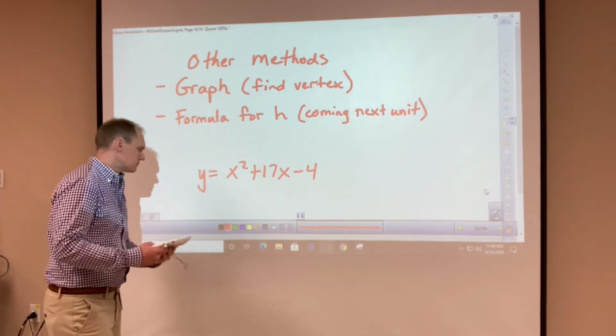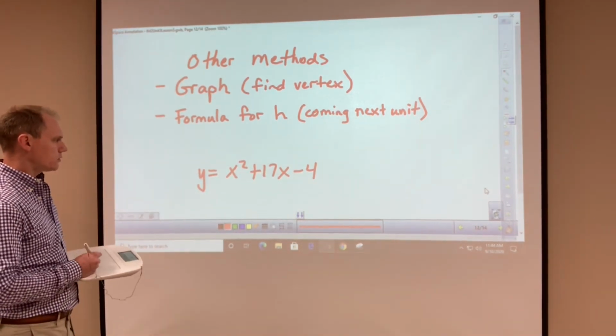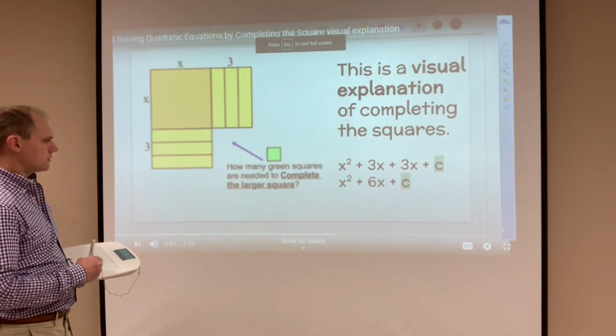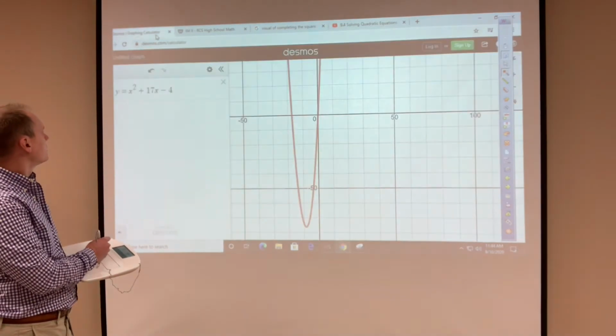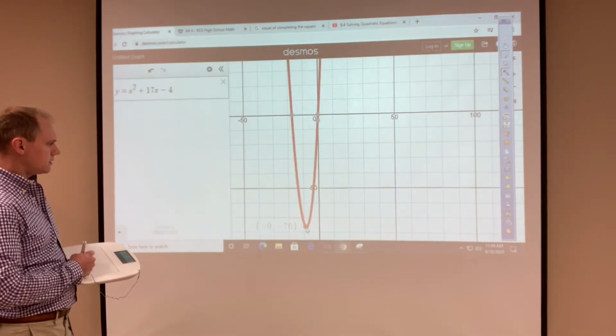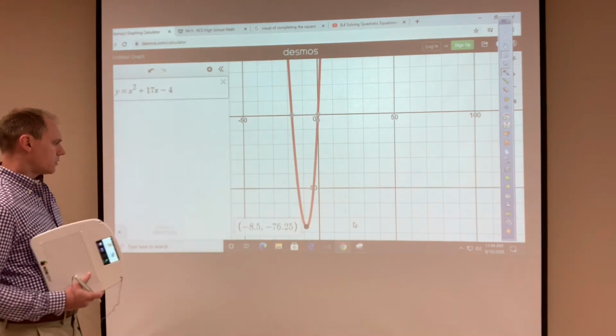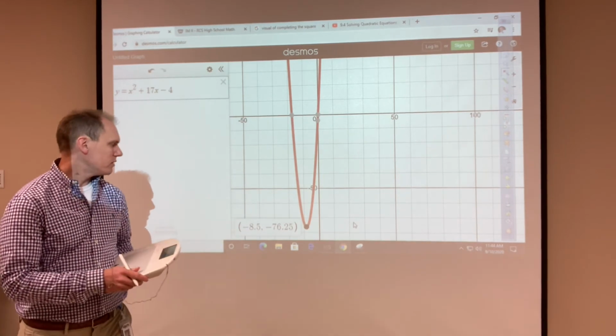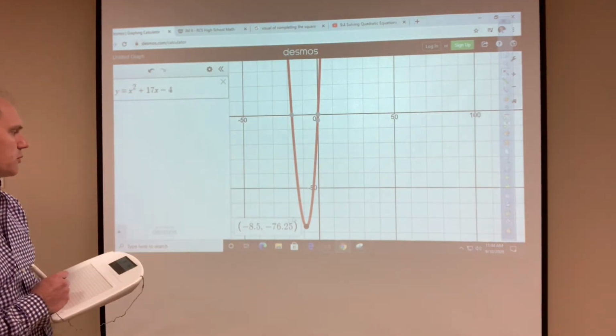So think about graphing this. You can do this on Desmos or on your graphing calculator. And I've got a graph here. On Desmos, you could just hit the button down here where the minimum is. That's our vertex, and you get negative 8.5, negative 76.25.